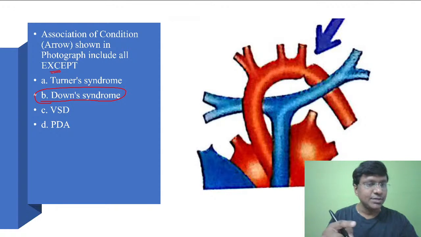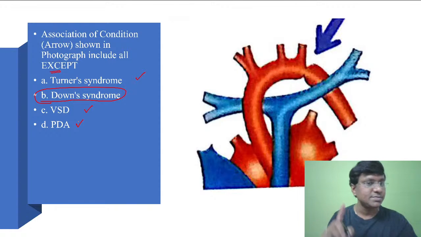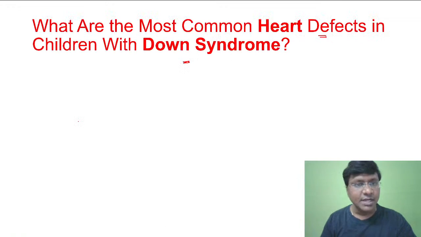Now let me tell you the cardiac abnormalities in patients with Down syndrome. You will not have coarctation of aorta. Coarctation of aorta can be seen in association with Turner's, with VSD, and with patent ductus arteriosus, but not Down's.